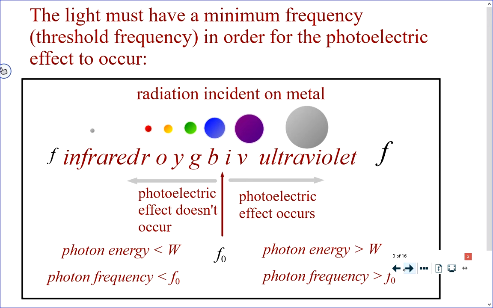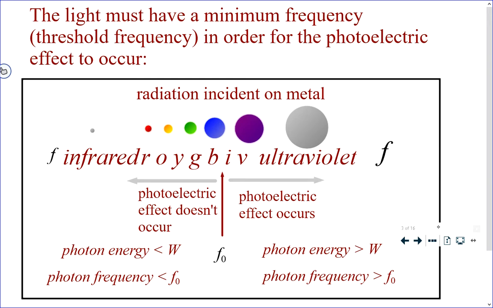But the real reason why the photoelectric effect doesn't occur, if the photon frequency is less than the threshold frequency, is that the photon energy is smaller than the work function. If the photoelectric effect is to occur, then the photon energy must be greater than the work function, and the only way that can happen is if the frequency of light that you use is bigger than the threshold frequency.